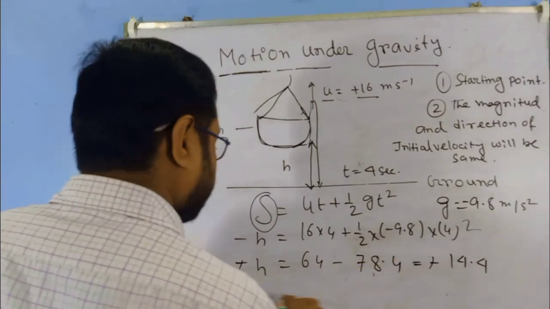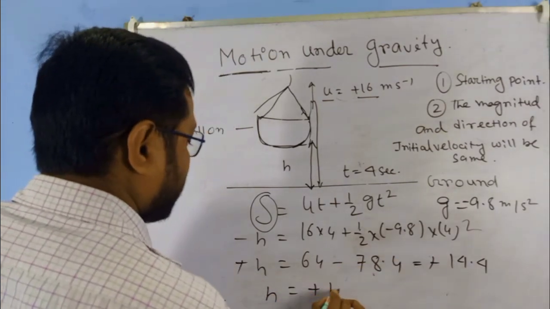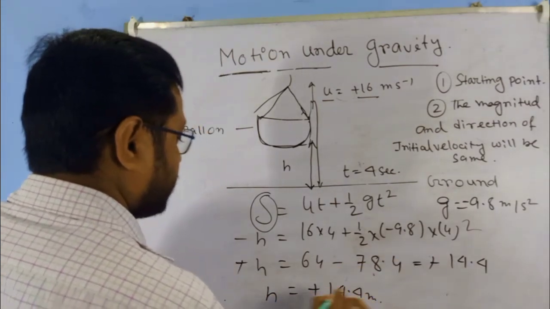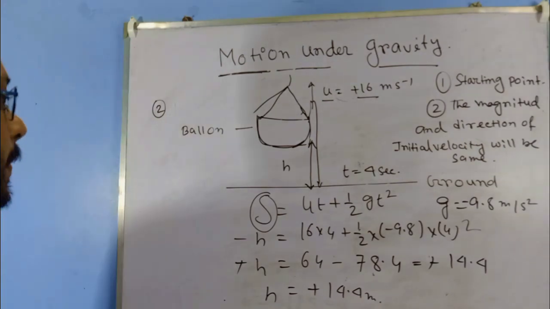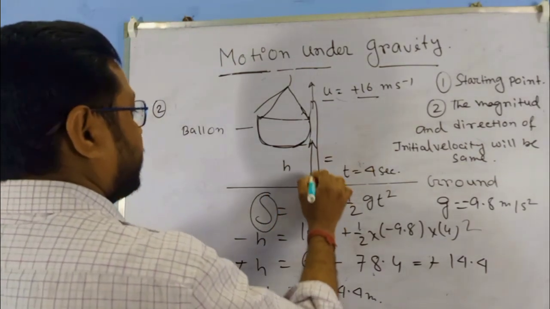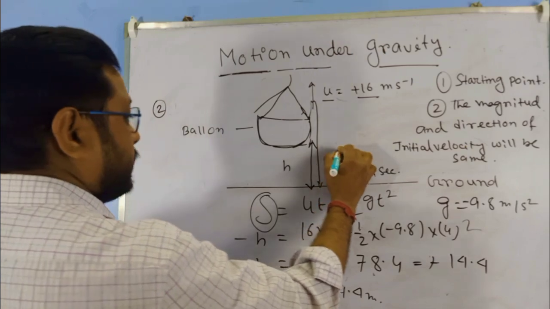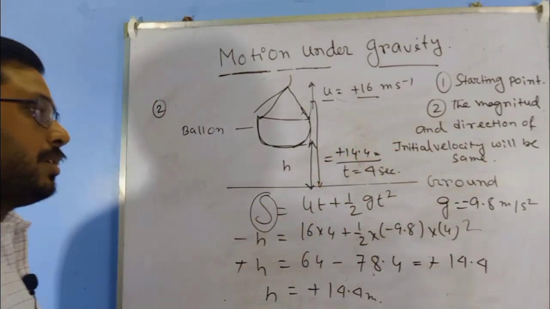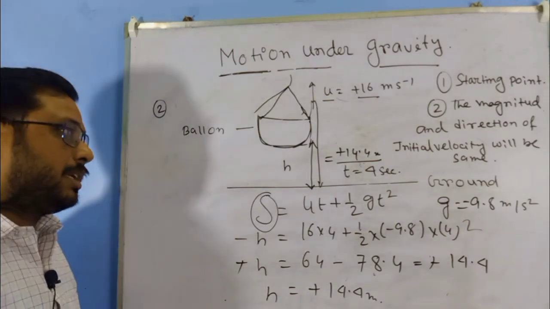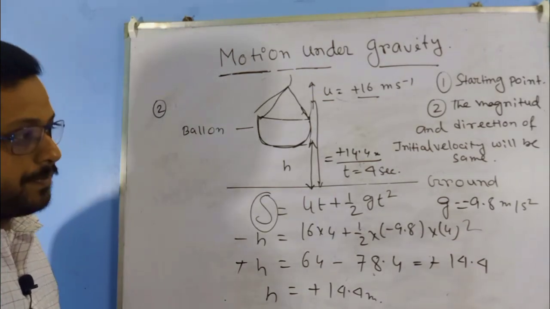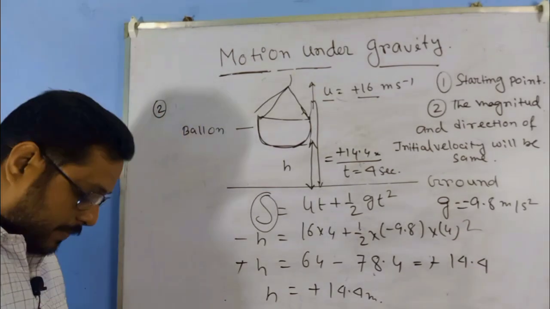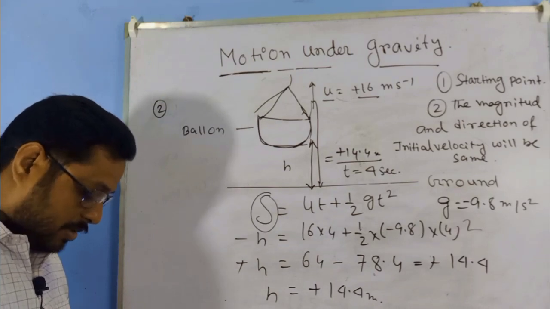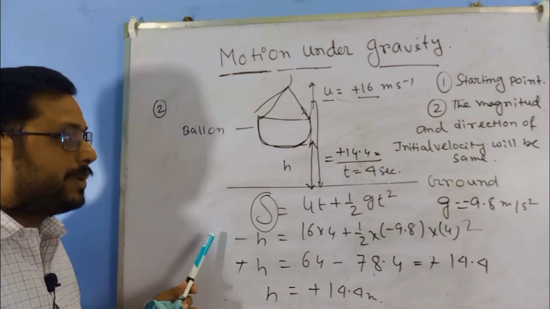The minus signs cancel, so you get the value of h equal to plus 14.4 meter. So 14.4 meter is the distance of the balloon from the ground when the stone was dropped. In this way, you can do any type of numerical.